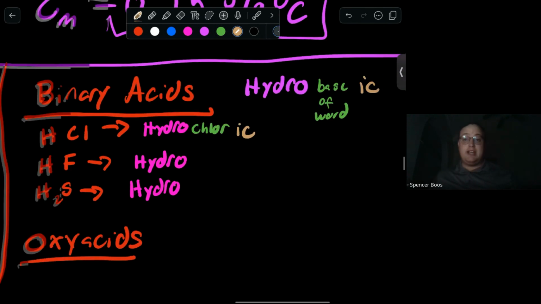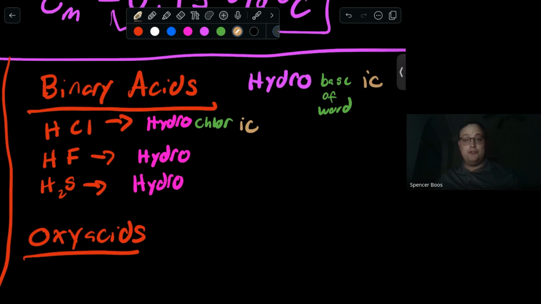So for HF, F is fluorine, so the base of it would be fluor, or in other words, hydrofluor. Hydro comes first. Acid, and don't forget acid at the end.